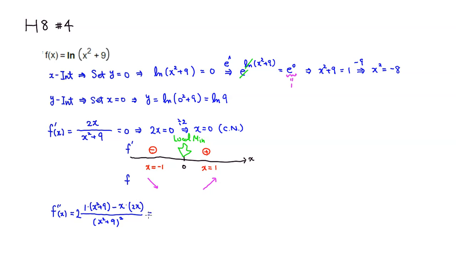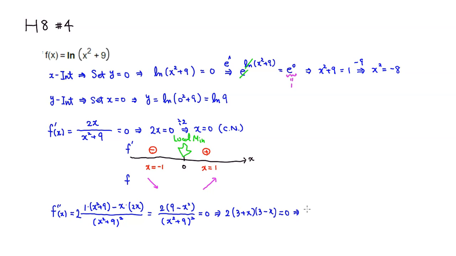So this is going to be equal to 2 in front, and then you have x squared minus 2x squared, so it's going to be 9 minus x squared over quantity x squared plus 9 squared, right? I'm going to set the numerator equal to 0, so 2 times 3 plus x times quantity 3 minus x equals 0.